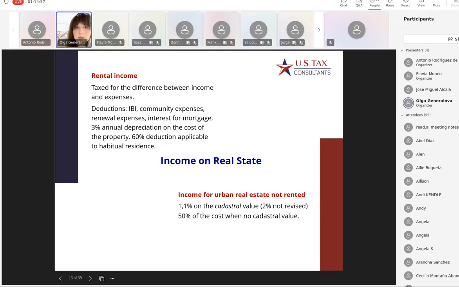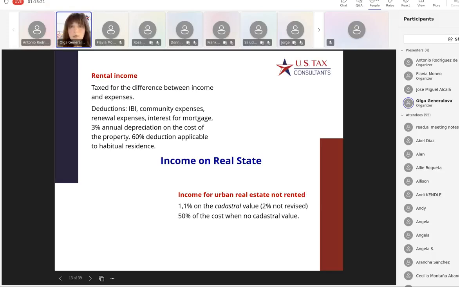And the next slide, which is real estate income. When we talk about rental income, the general idea is similar to the US. You are taxed on the difference between income and expenses.